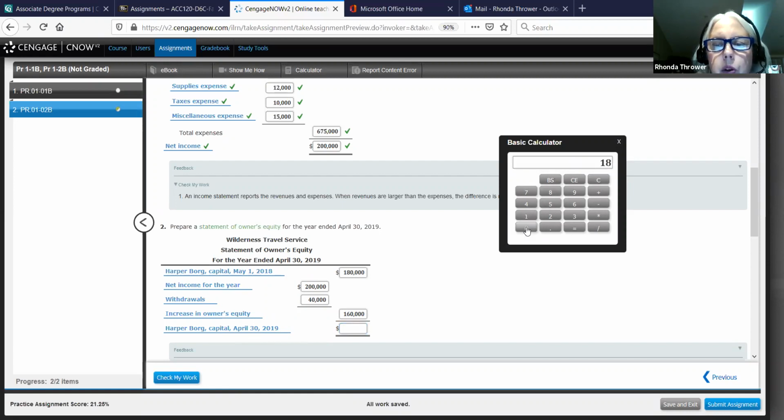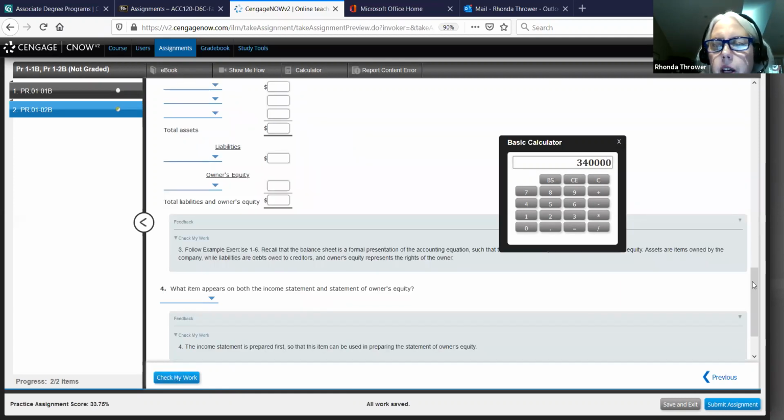I'm going to take that $180,000 and add to it, because this was an increase in owner's equity, $160,000. $180,000 plus $160,000 will give me a total amount of ending owner's equity of $340,000.